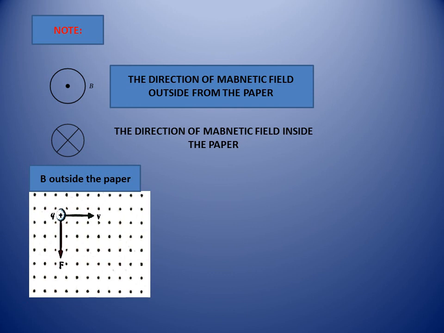Put the right hand in the direction of velocity and rotate the fingers towards the magnetic flux density. The thumb represents the direction of the magnetic force, which is the down direction. So let's see the figure.